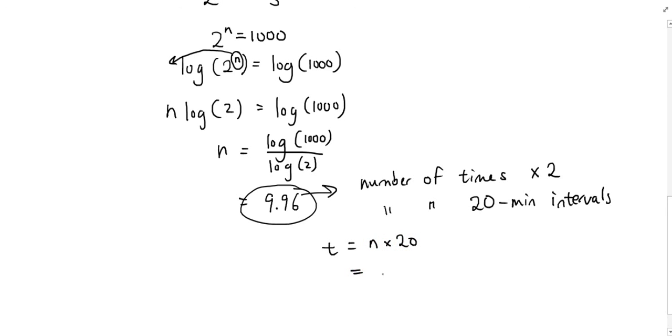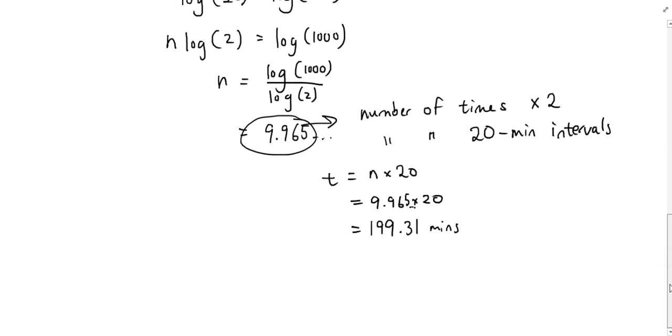So it's 9.96 times 20, and we will get 199.31 minutes. Okay, that was actually 9.965 something, so I'm just going to leave that 5 there. And the answer is 199.31 minutes.